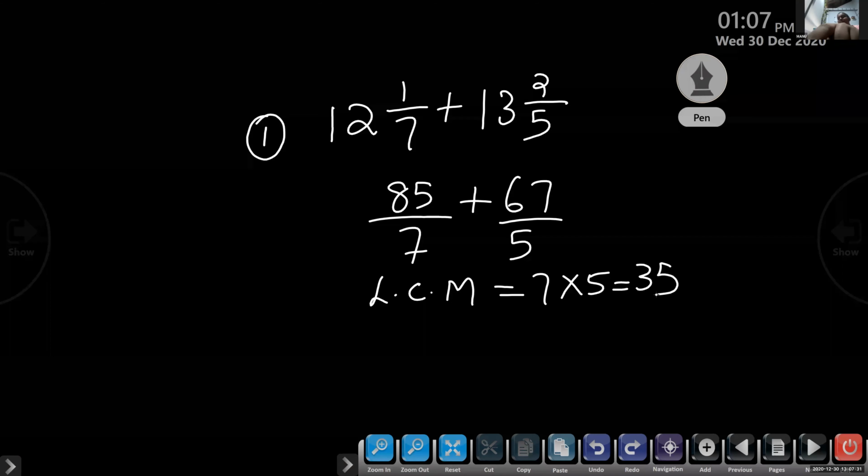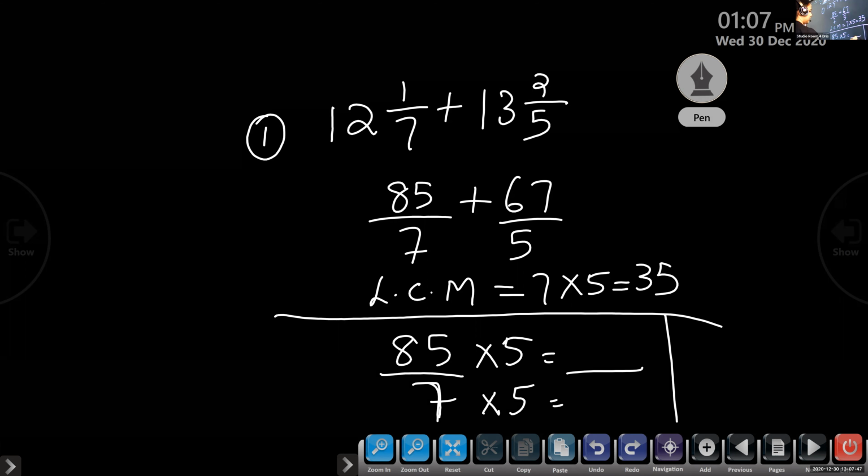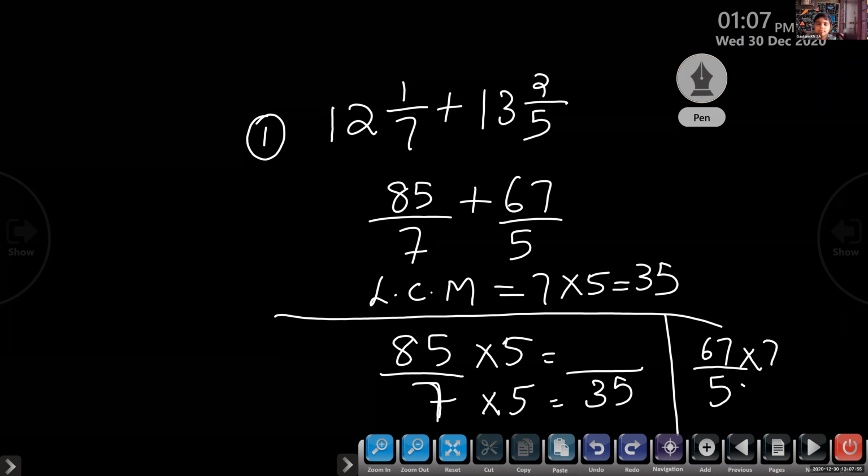So what do you have to do now? Find out the LCM. 85 by 7 into 5. Here also 5. Here the denominator will be 35. And here 67 by 5 multiplied by 7. Find out the answer.